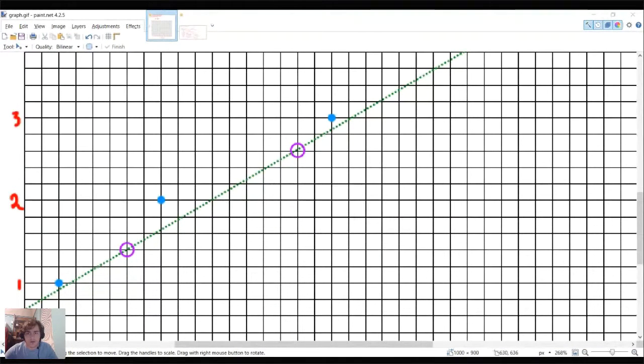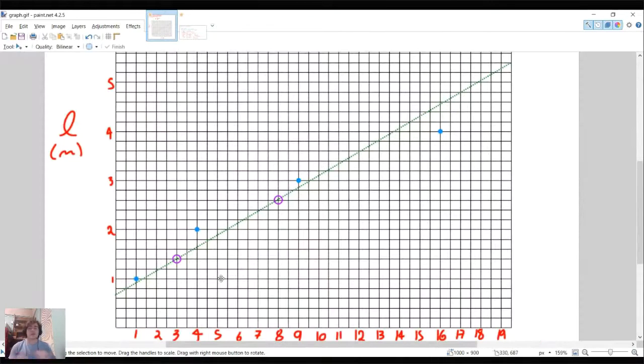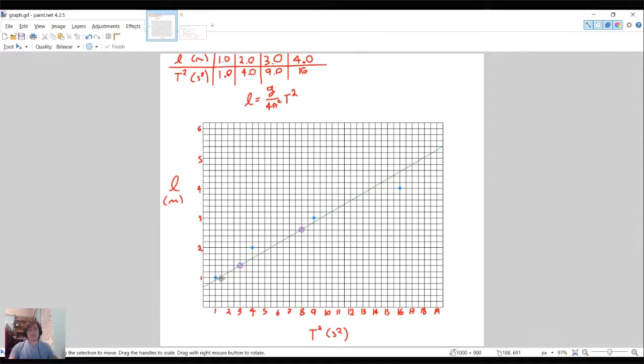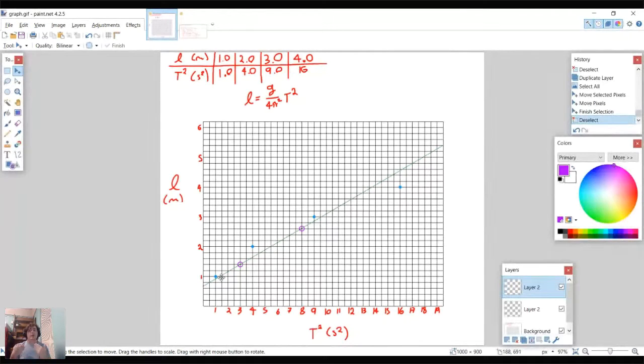Now for the weirder part, you don't actually have to circle your points. But the whole idea with the AP exam is you're giving a solution to a problem, and you want the grader to know your solution like the back of their hand. You want them to be able to read what you're doing, and you want to communicate with them well. And circling your points and then saying circle equals the points I used, you're very much communicating the calculations you're doing.